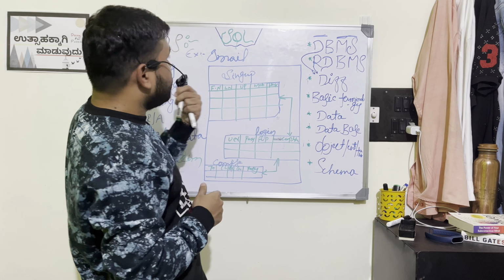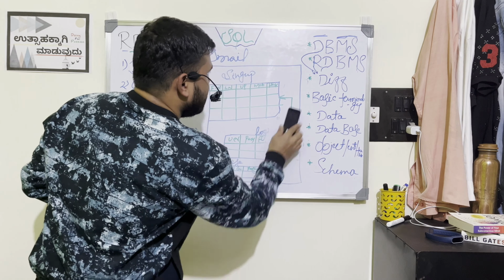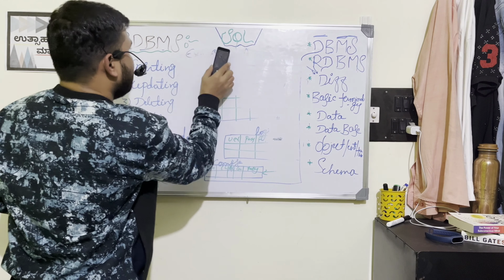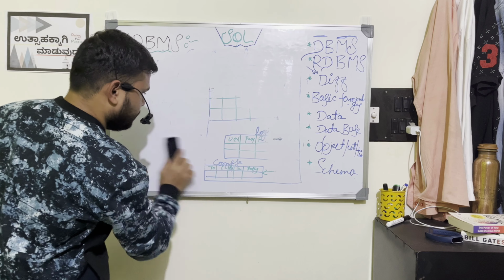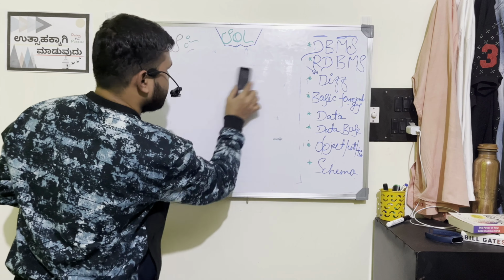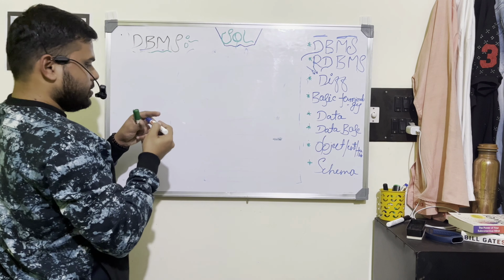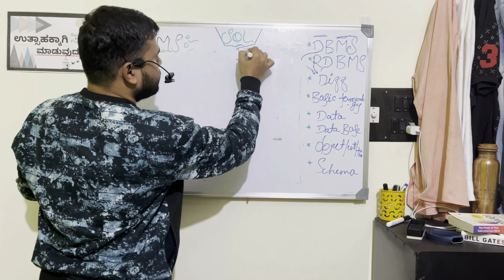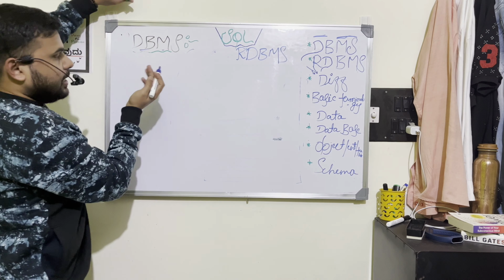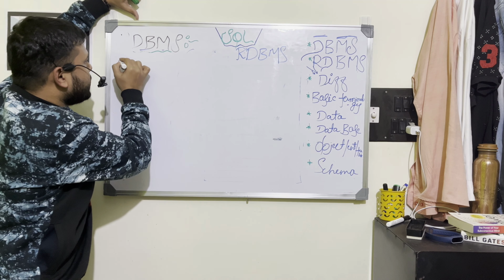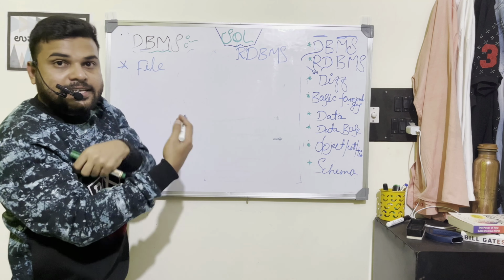Now move to the difference between DBMS and RDBMS. Quickly we will see the difference between DBMS and RDBMS. In DBMS, data will be stored in file format with different extensions.